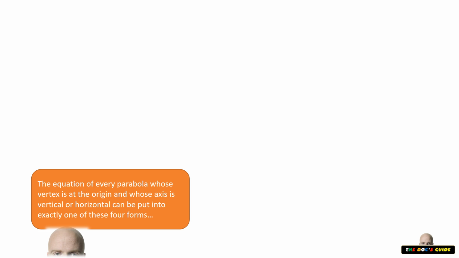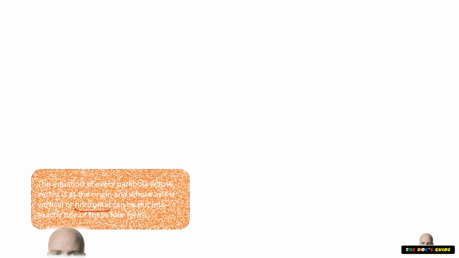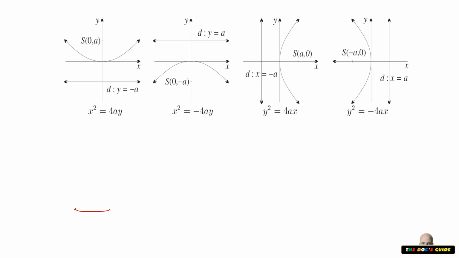Now, the equation of every parabola whose vertex is at the origin and whose axis is vertical or horizontal, so we're introducing this now, can be put into one of these four forms. And the four forms are these. So x squared equals 4ay, you should be familiar with. x squared equals minus 4ay, and you're probably not surprised to see that if the parabola is on its side, and it's concave to the right, that's y squared equals 4ax, and to the left, it's y squared equals minus 4ax.